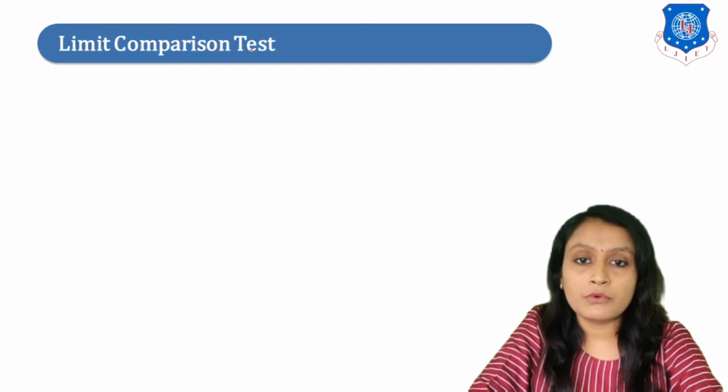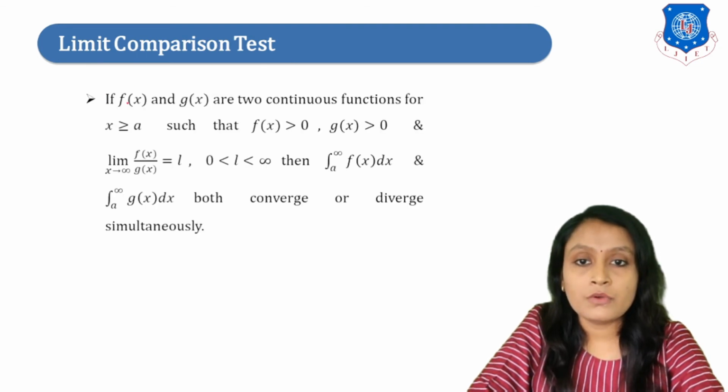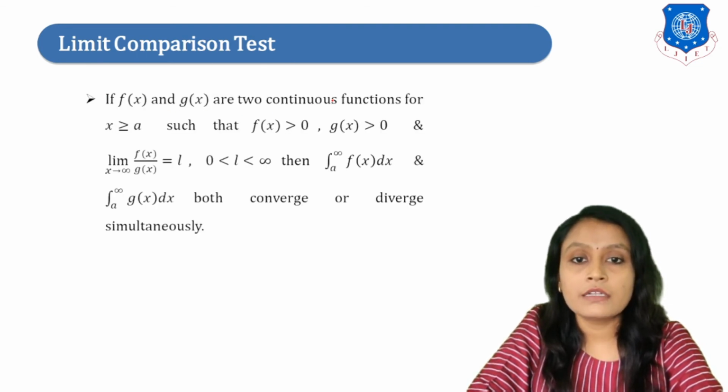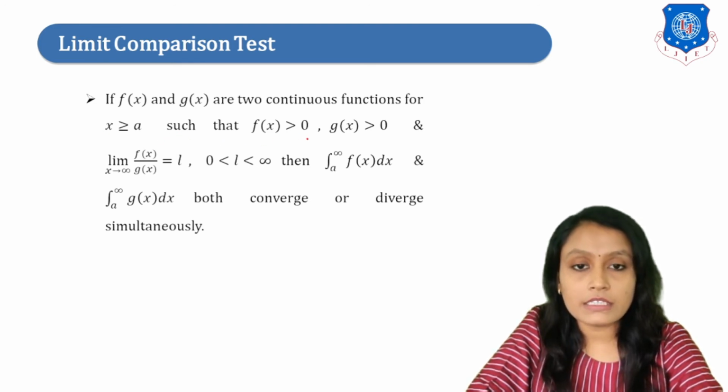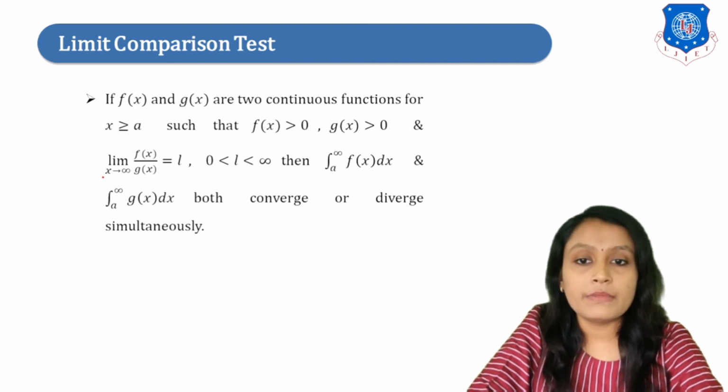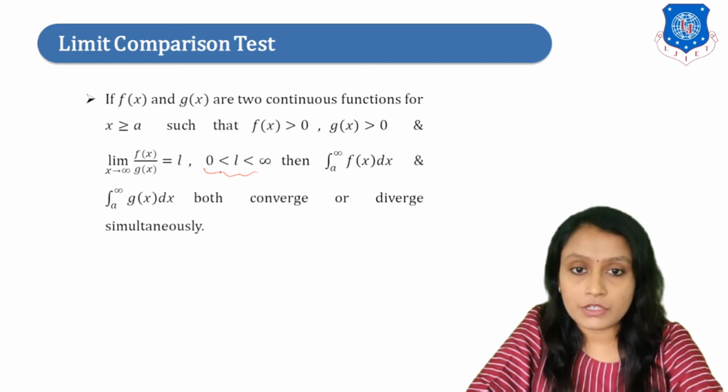Now we will study one more test, that is the limit comparison test. So if f(x) and g(x) are two continuous functions for x greater or equal to a, such that f(x) is greater than 0 and g(x) is greater than 0, and the limit x tends to infinite f of x upon g of x is equal to L, and L should be between 0 and infinite, meaning the answer L should be a finite and non-zero term.